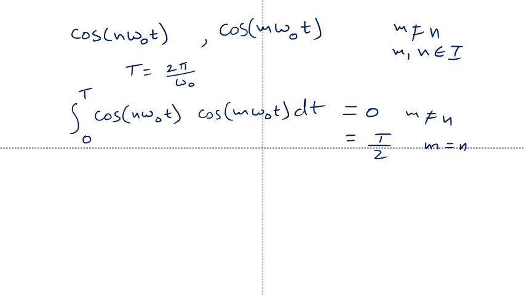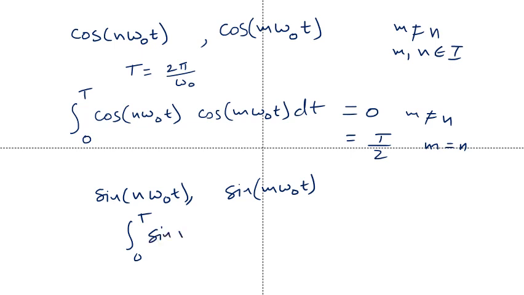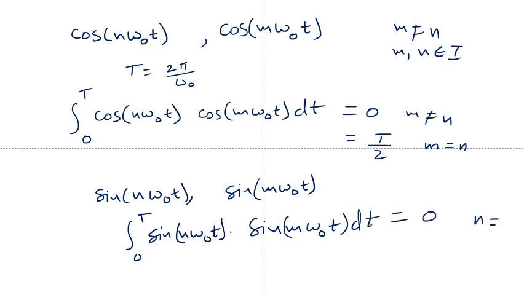In the same way, if you check the two signals sin(n omega naught t) and sin(m omega naught t), you'll find they are orthogonal to each other. Integrating sin(n omega naught t) times sin(m omega naught t) dt, you will find this is equal to 0 for n not equal to m, and equal to T by 2 when m is equal to n.